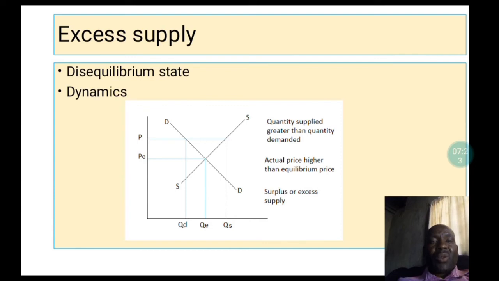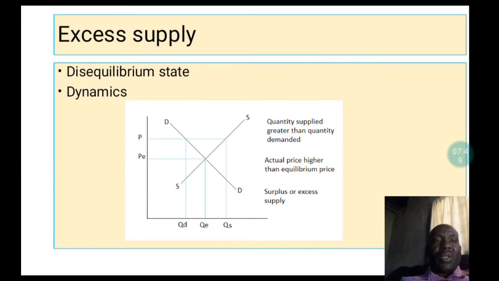So you're going to have the price move to PE from the actual price of P, and the quantity will fall to QE from the original quantity supplied of QS. So that will actually restore equilibrium in the market because the quantity demanded will move back to QE from QD.